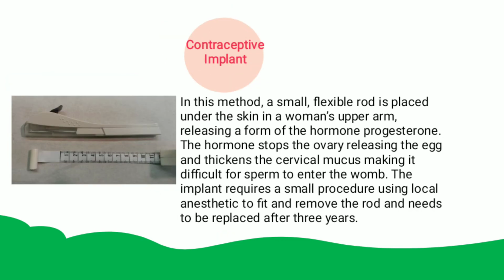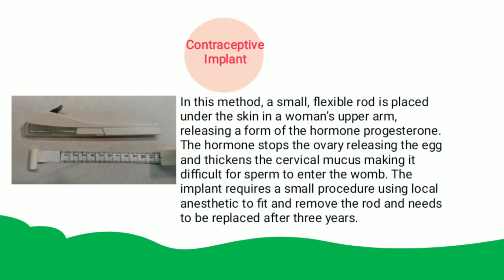Next is the contraceptive implant. In this method, a small, flexible rod is placed under the skin in a woman's upper arm, releasing a form of the hormone progesterone.